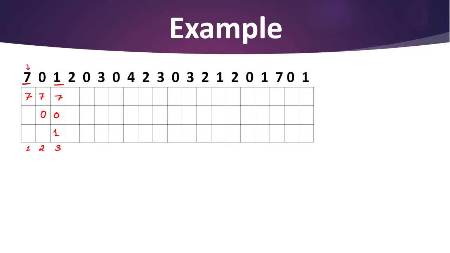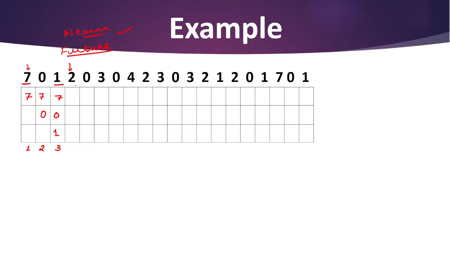Now the main question starts here. Next value is 2, and according to the rule of optimal page replacement algorithm, you need to check the future values, nearest future values. Okay, so according to this, if you want to add 2 in the given frame, but all these 3 frames are already occupied, now you need to replace any of the value 7, 0 or 1.